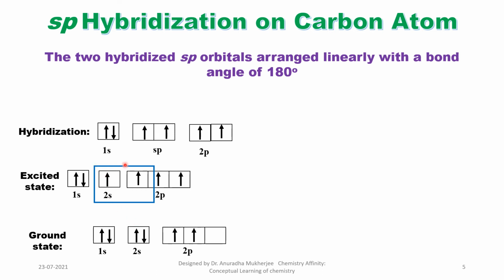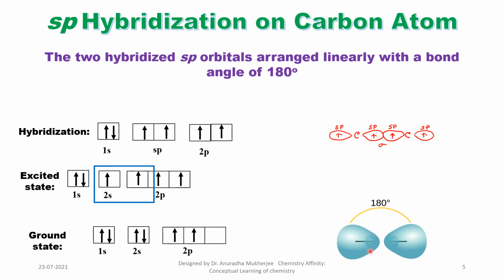So this is the way you can see one s and one p are getting hybridized, and we are getting sp, and two p orbitals are not participating in the hybridization, they remain 2p only. So here each sp orbital contains one electron, so a total of 2 electrons, and 2 electrons in the 2p orbitals. So now how does it look?